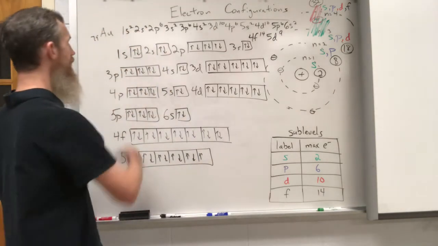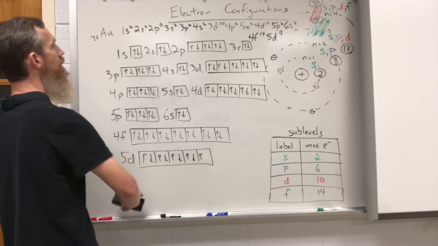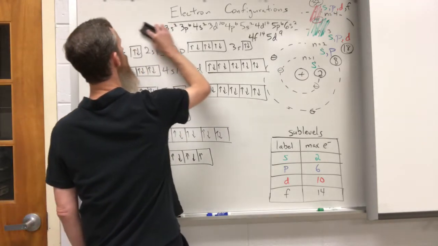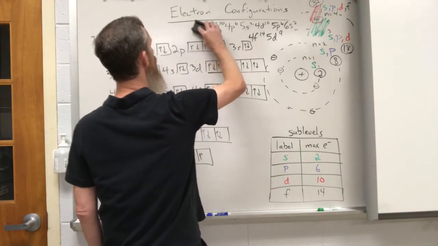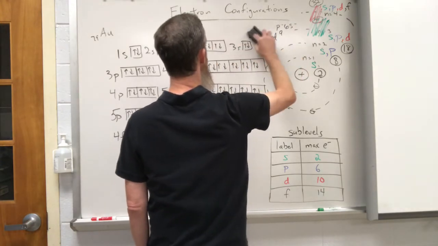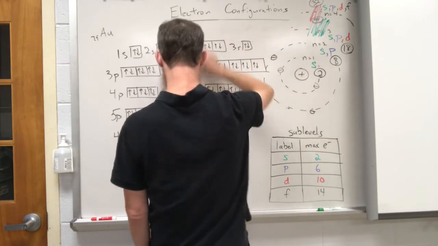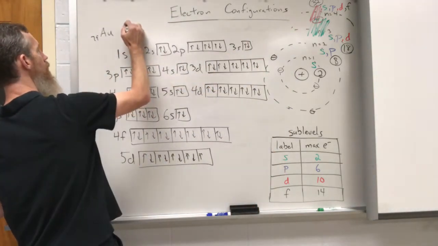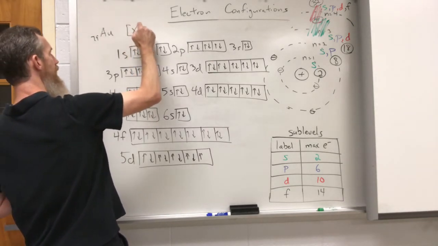So instead of doing all of this, I'm going to get rid of all of this, and I am going to start off this configuration with the noble gas that is before it. In this case, it's xenon.